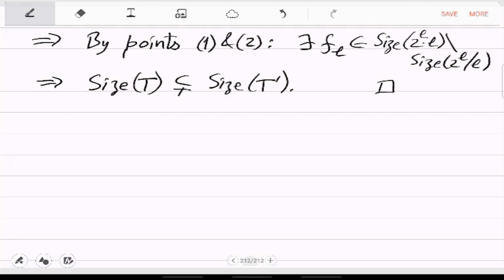Okay, so we have been able to show that if T prime is sufficiently bigger than T, then the complexity classes, actually the circuits can compute more.